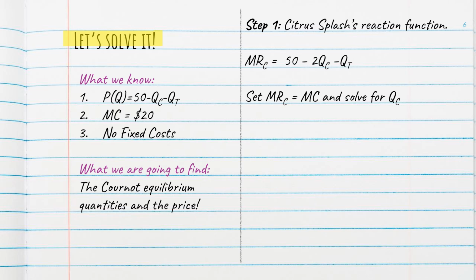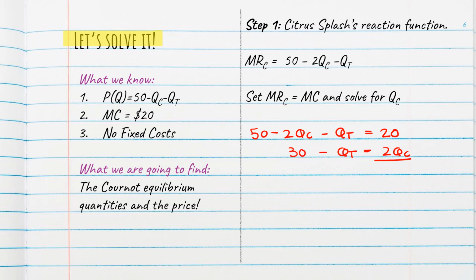So filling in what we know, we have 50 minus 2QC minus QT is equal to the marginal cost of 20. We're going to solve for QC, so I'm going to shuffle it over to the right-hand side of the equation. I have 2QC is equal to 50 minus 20, which is 30, minus QT.